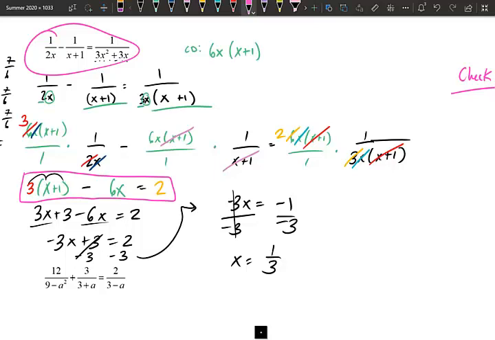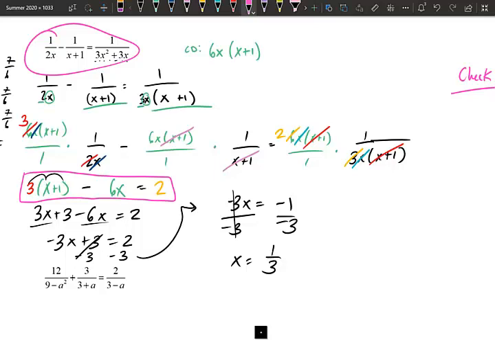We're switching it to multiplication. We're doing the inverse, the opposite. And we're allowed to do that because we're doing it fair. It's fair across the board, left and right side of the equation. So we know that 1 over 2x minus 1 over x plus 1 equals 1 over 3x squared plus 3x. It's equivalent to 3 times x plus 1 minus 6x equals 2.